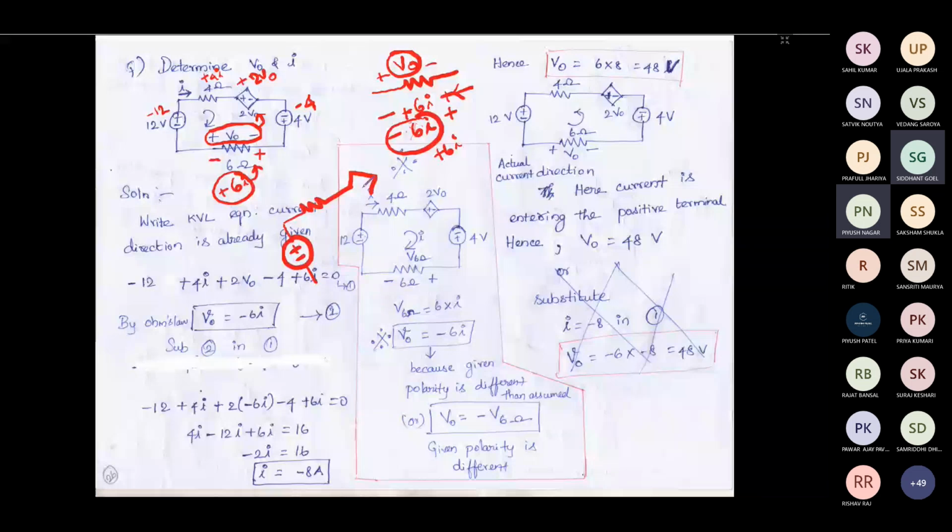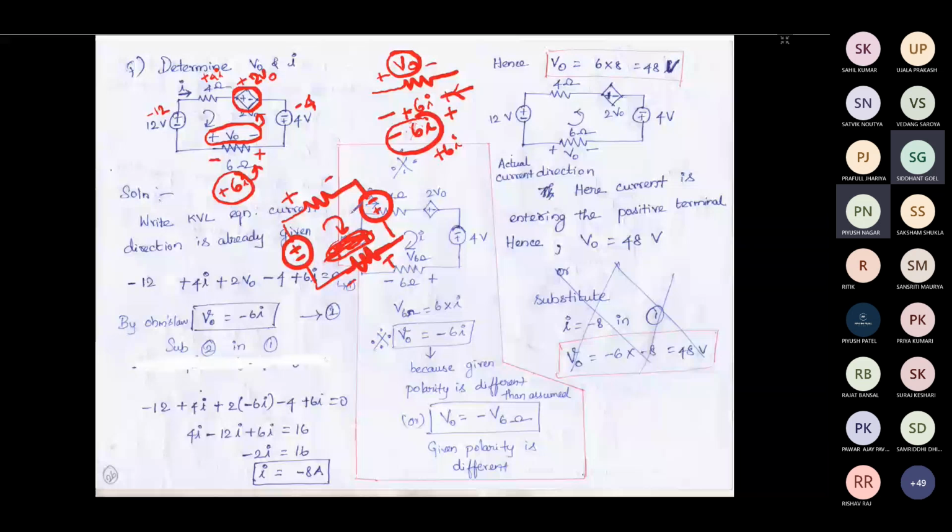If they have asked me to find the voltage across this resistor, here I can neglect this and apply the current assumption. Based on this current assumption, I can put the polarity and write the KVL equation. Now I have a dependent voltage source in between. I have done a similar thing, I haven't made any other change. Similarly, I have written the KVL equation.